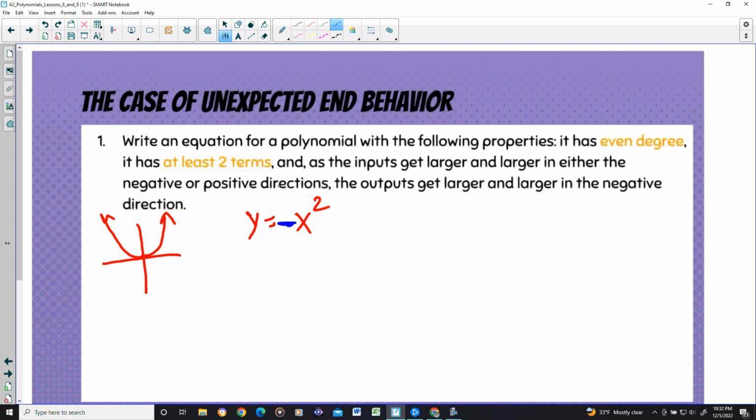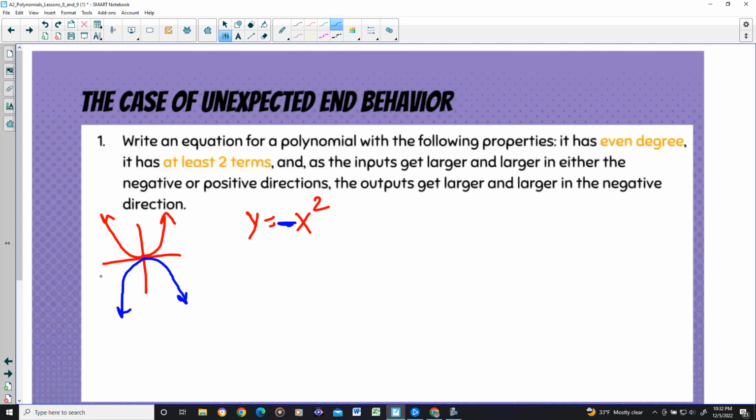And when I make that negative, guess what happens? It flips the parabola upside down. And we already knew from last unit that parabolas that have a negative x squared term face downward.